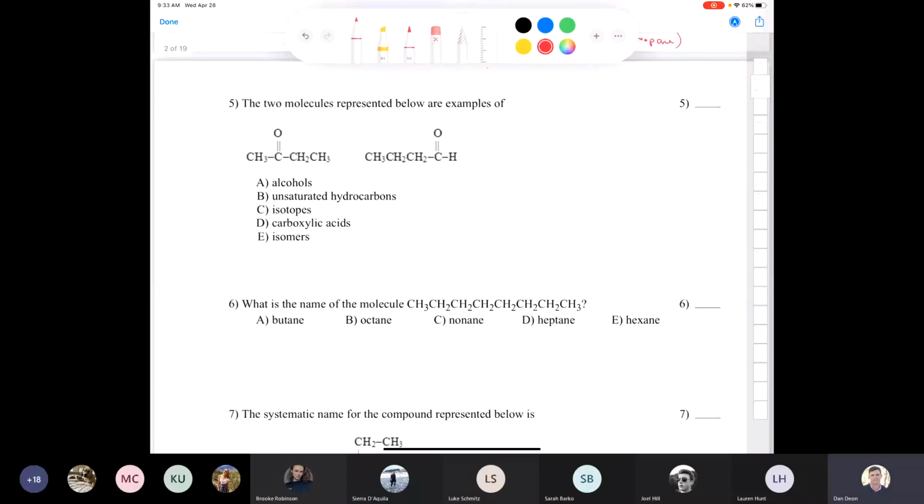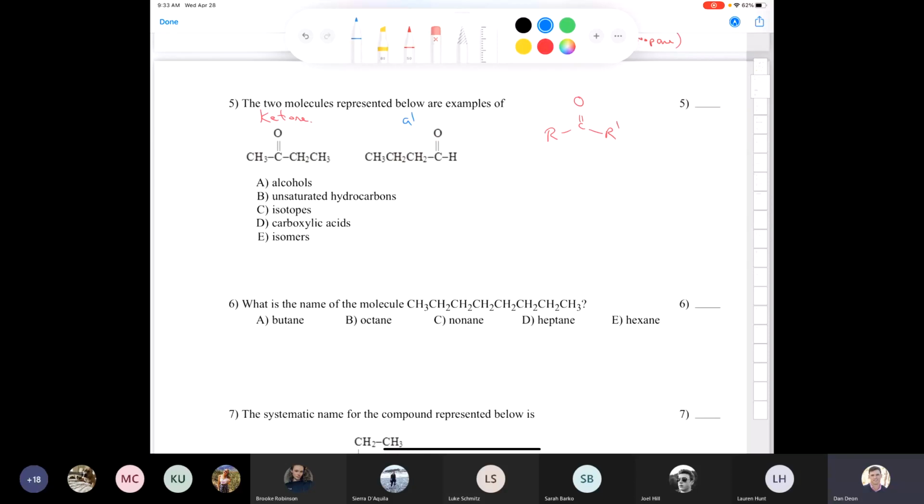Question number 5. The 2 molecules represented below are examples of, well, if you take a look at the first one, it's a ketone, right? This molecule is a ketone, and this molecule is an aldehyde, right? Because when we have a ketone, we have an R group, we have a carbonyl, and then we have another R group, which can be the same or different.